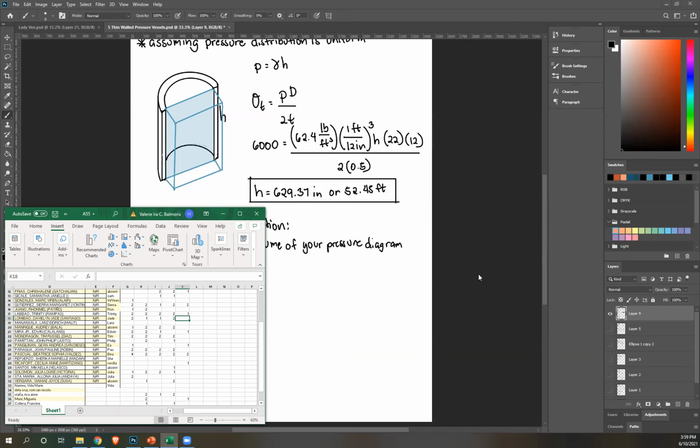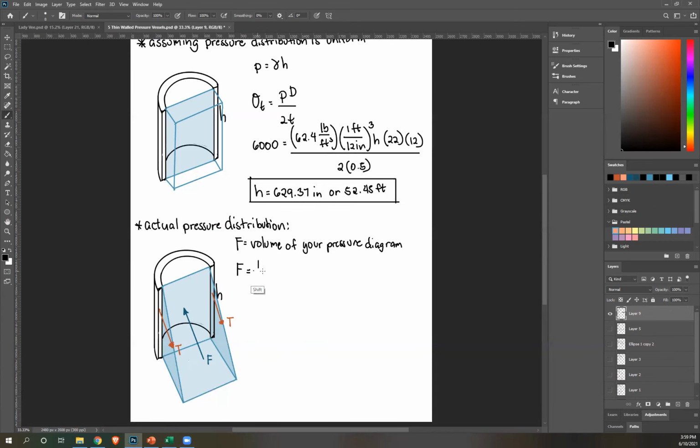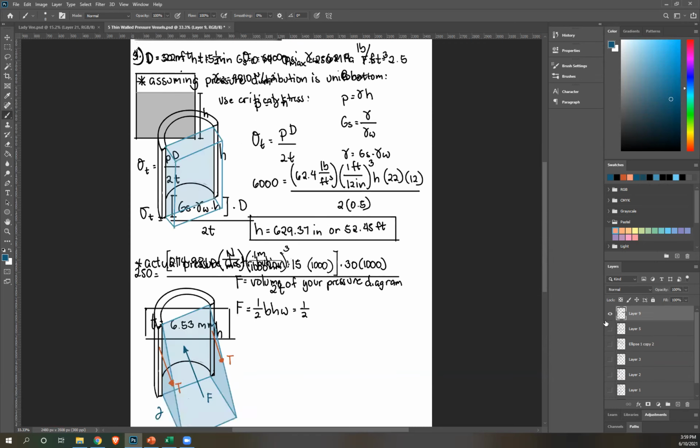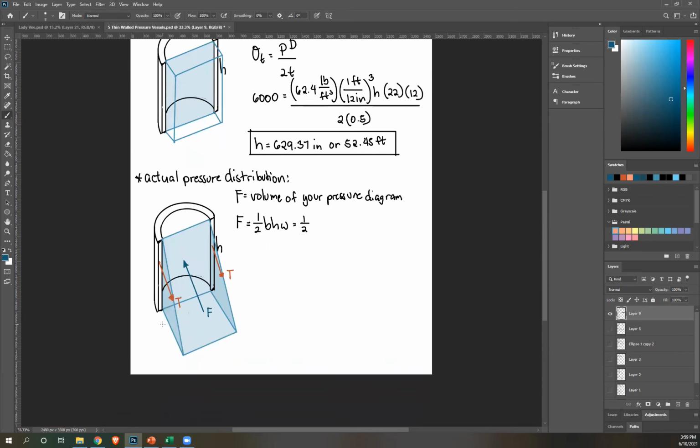It's 1/2 base times height times length. Okay, so 1/2 base times height times length or width. In this case, our base is this length, which is equal to gamma h. Okay, because that's the bottom value of your pressure. And we know from the previous, at the bottom pressure is gamma h. Same thing here, at the bottom, this is gamma h.